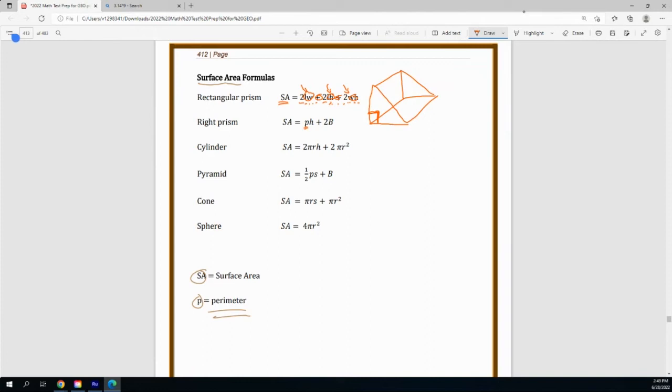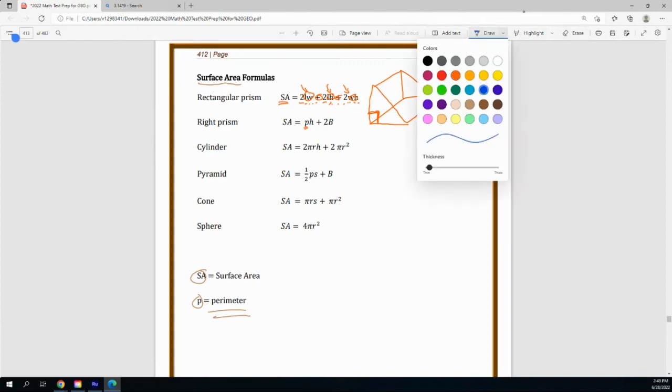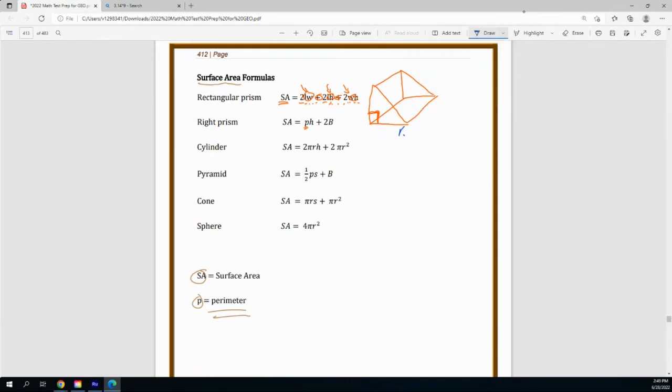P, perimeter, would say, what is the distance around the floor? So in order to get the P, I would need to know this number, this number, this number, this number. I take all of those and add them together, and that's going to equal the distance around. That would be P, perimeter, the distance around the shape.